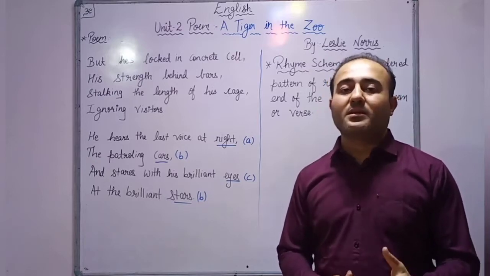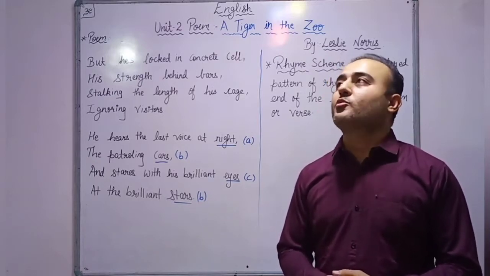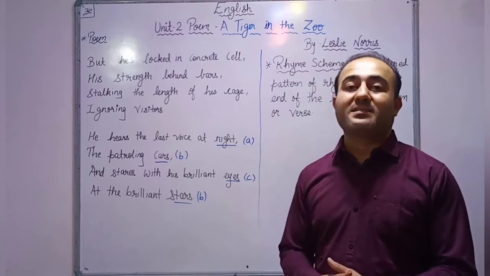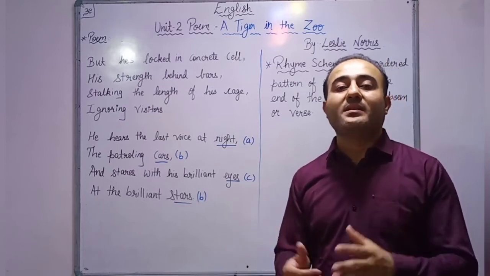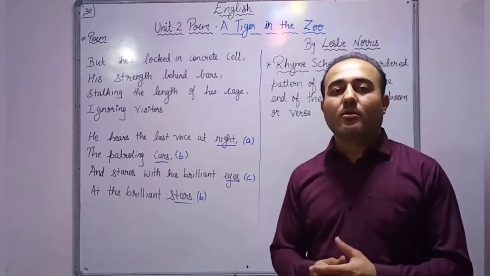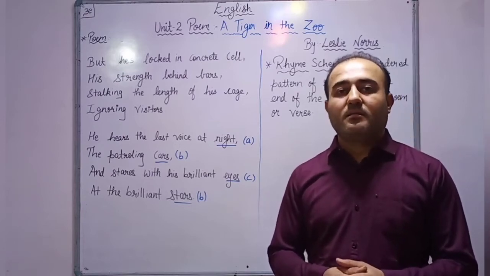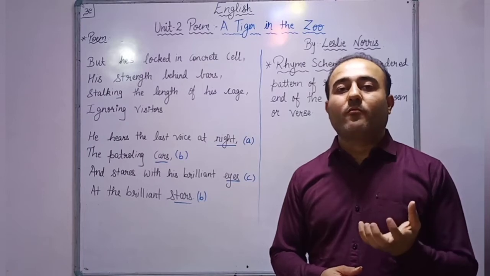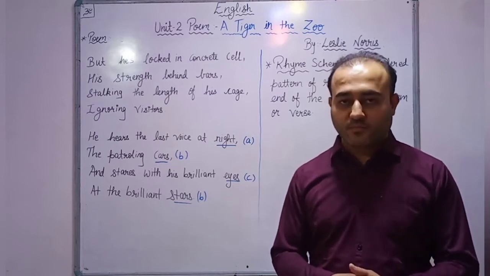That means the poet says that the tiger keeps on looking at the sky and stares at the brilliant shining stars with its brilliant eyes. If you have seen or noticed the animals, their eyes shine very brightly at night time.